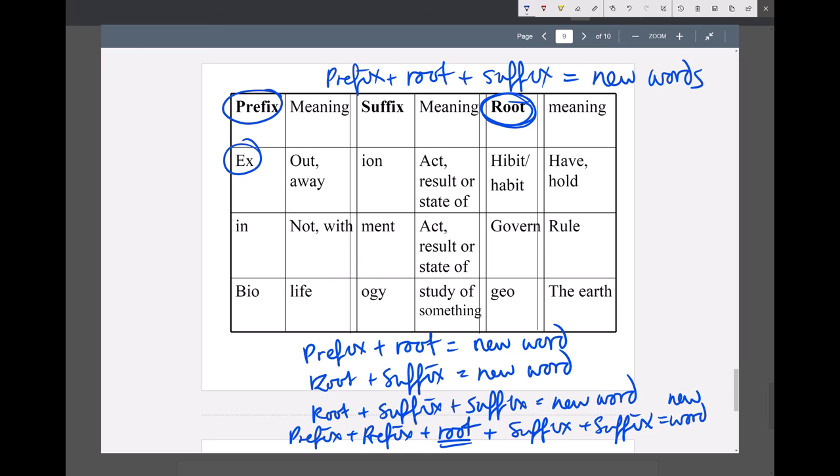But they go together. Exhibition. Government. Biology or geology.